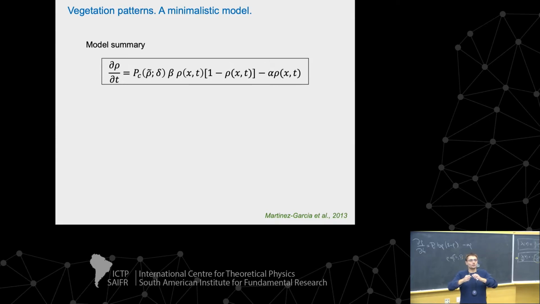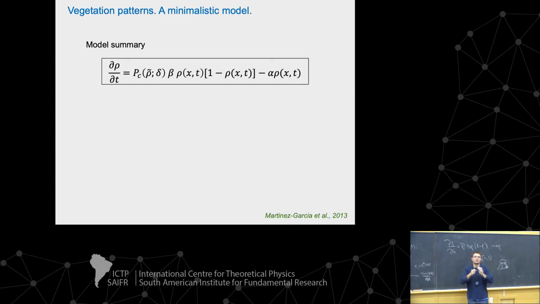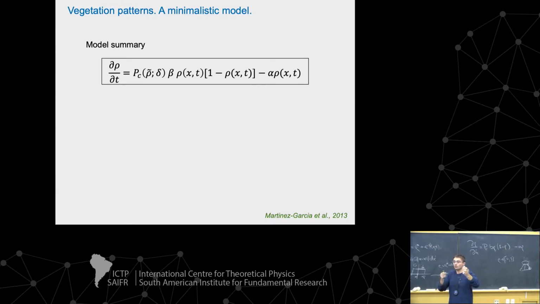And we said that the roots have a longer range than the plant itself. That's the idea of these non-local terms, whenever we have them in this kind of toy model: to account for processes that are driven by interactions that do not require the encounter of two particles, but they can be far away from each other.